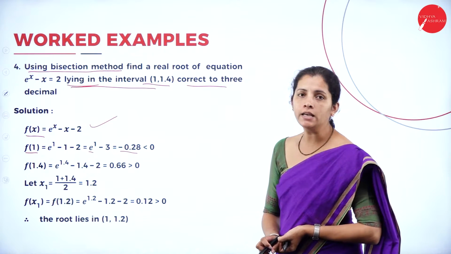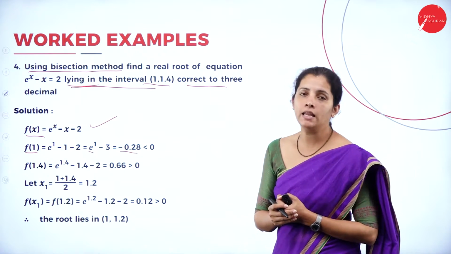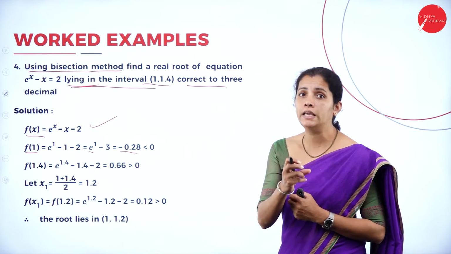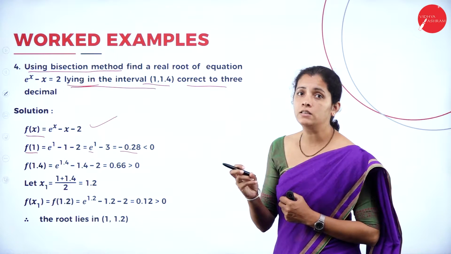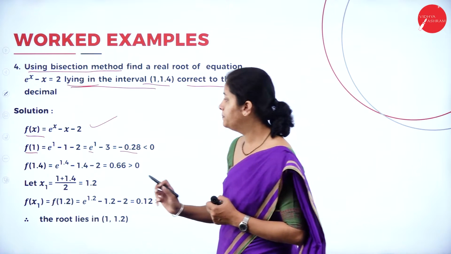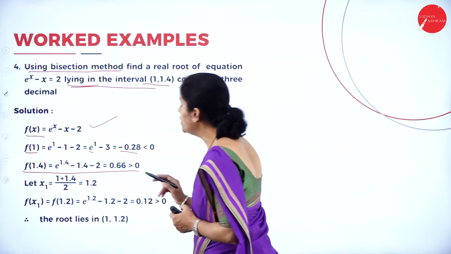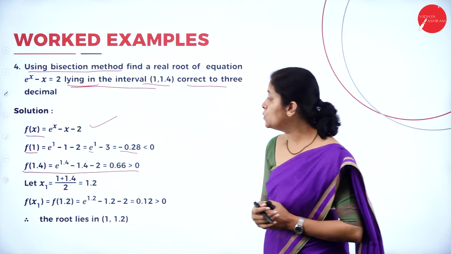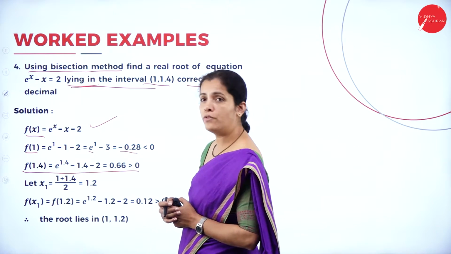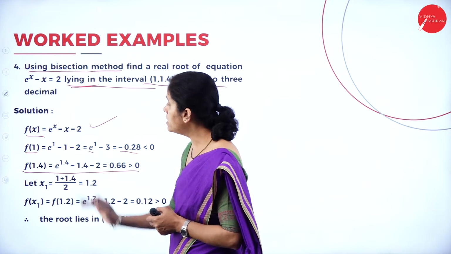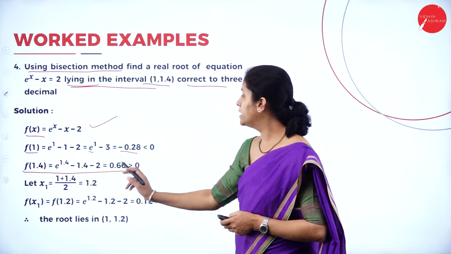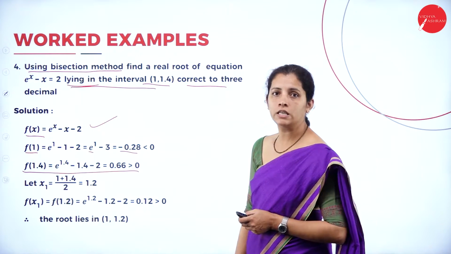So dear student, you must be familiar with the calculator, that means how to use the calculator to get the correct answer. It is better to use a scientific calculator. Then I am going to take my next root, that is 1.4. So f of 1.4 is e to the power 1.4 minus 2, and I am going to get 0.66.